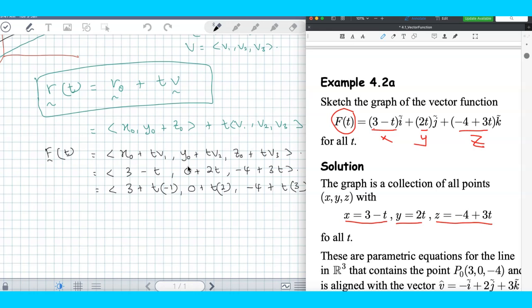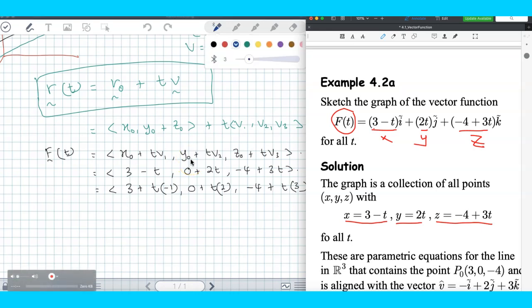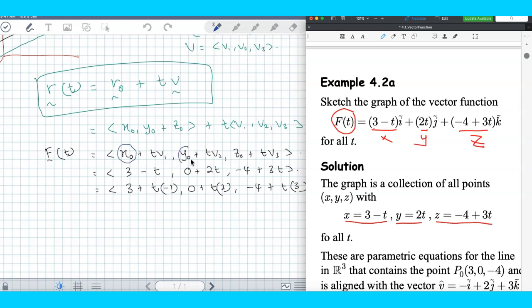So we can now obtain that x naught, y naught, z naught is 3, 0, minus 4. What is x naught, y naught, z naught?